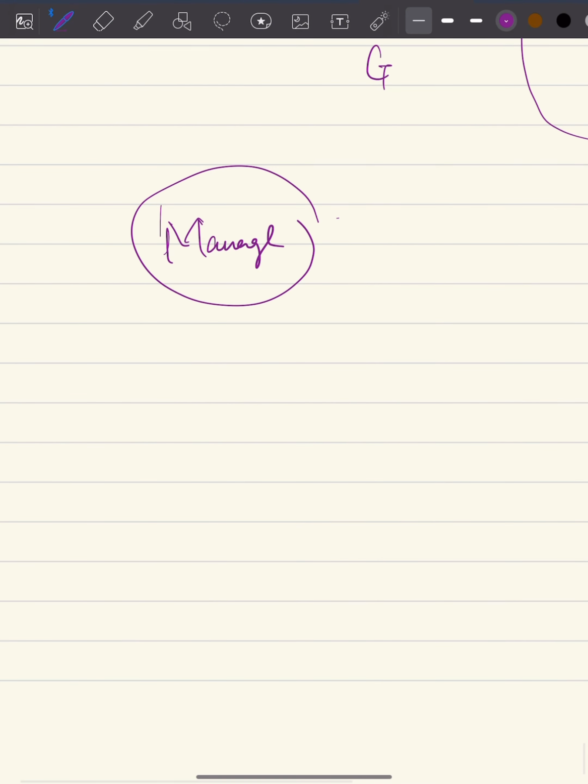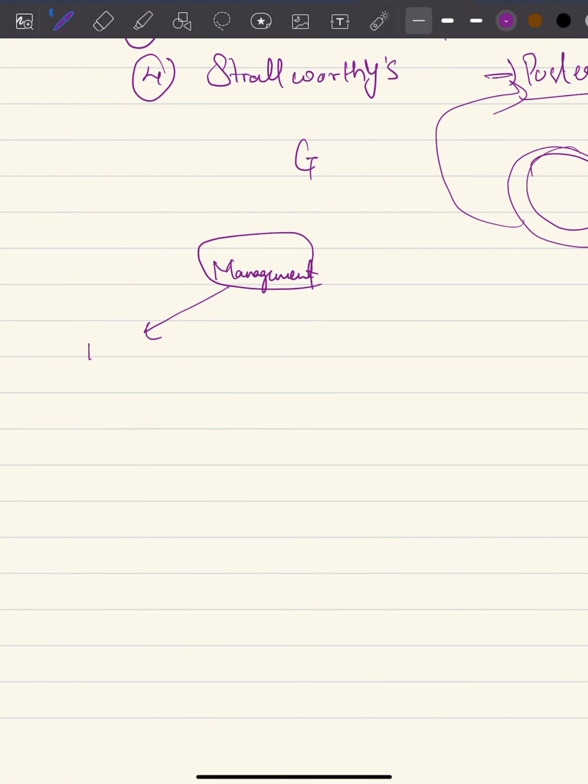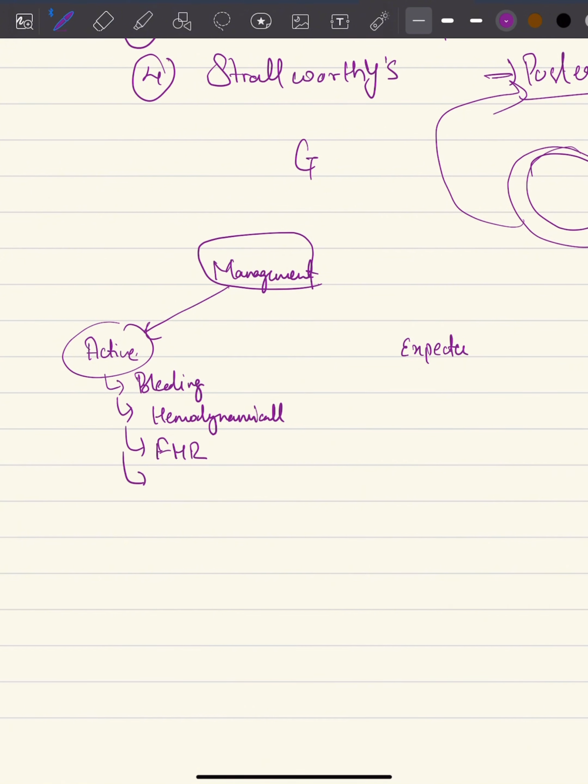And how do we manage it? Firstly, we will evaluate whether to undergo active management or expectant management. If the patient is persistently bleeding, or is hemodynamically unstable, or if the fetal heart rate is dropping, or if there is any sort of anomaly in the USG of the fetus, then we would go for active management.